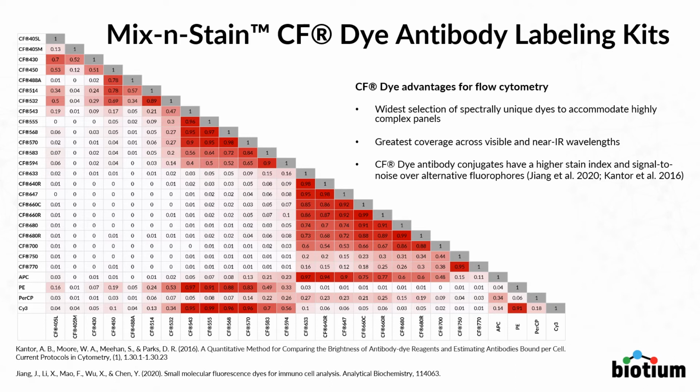And not only that, our CF dye antibody conjugates have actually shown higher stain index and signal to noise over other alternative fluorophores. And so this similarity index table you see here is all data that was provided by SciTech, and it just shows a number of our CF dyes that are suitable for spectral flow cytometry. And it just shows the wide range of multiplexing options our customers have if they use CF dyes.